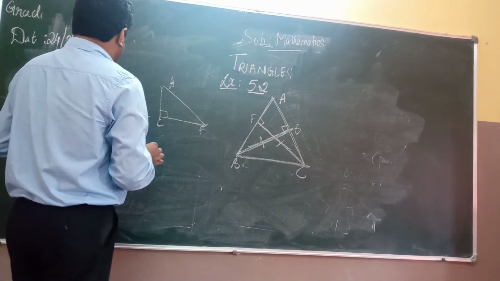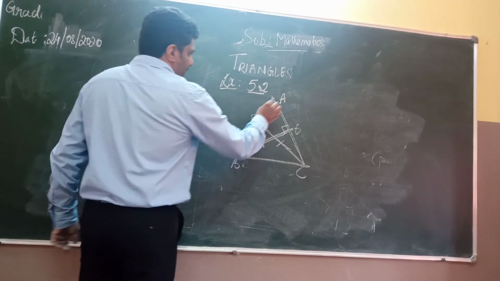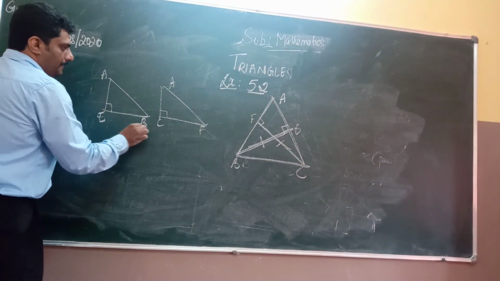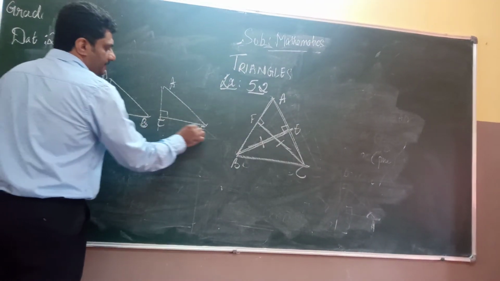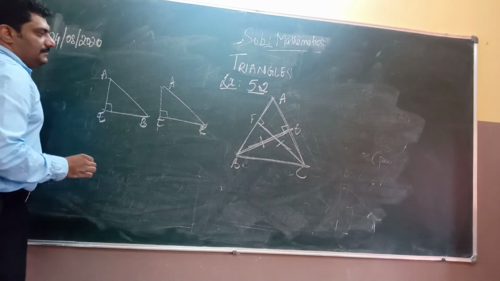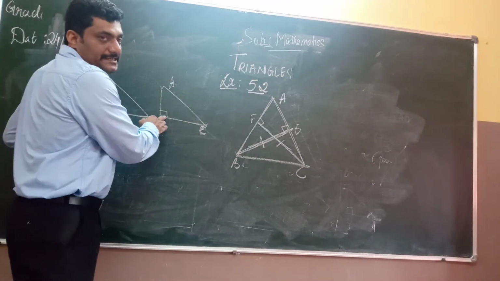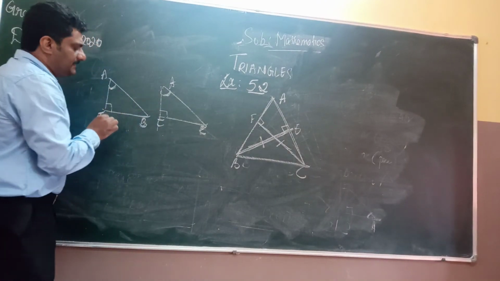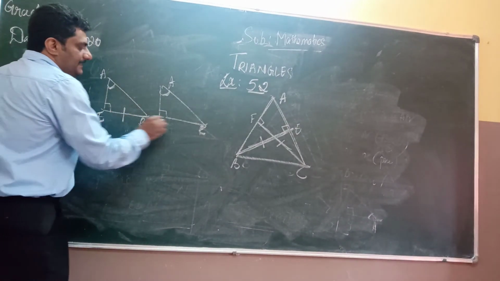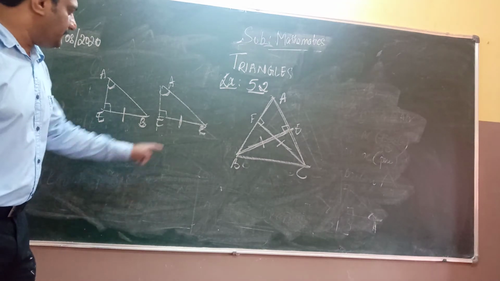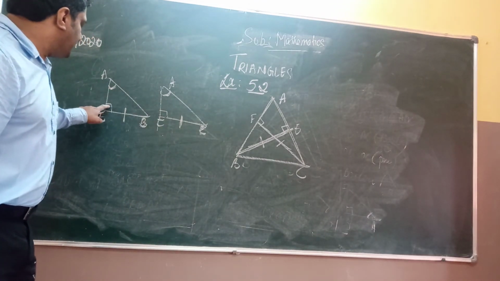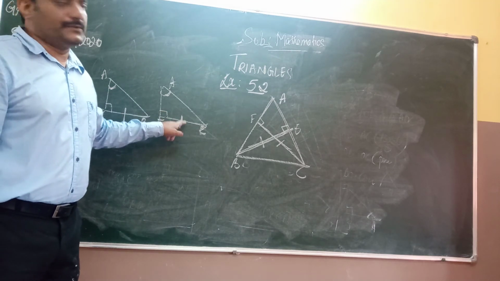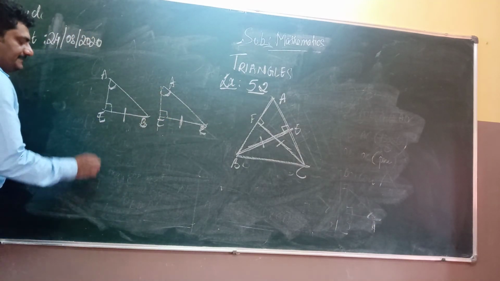AB. Now these two are 90 degrees, right? And this is a common angle. And then they are telling this side is also equal. See, we have angle, side. Angle, side. Okay? Write all the steps as they are.